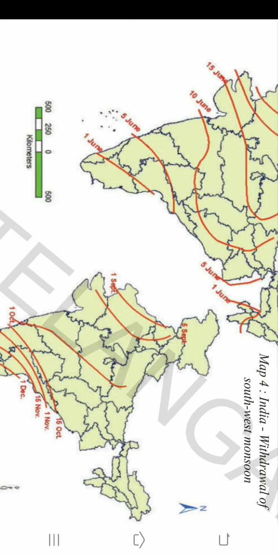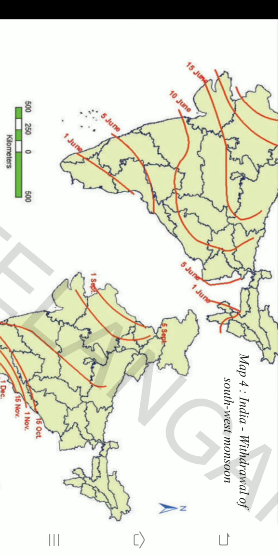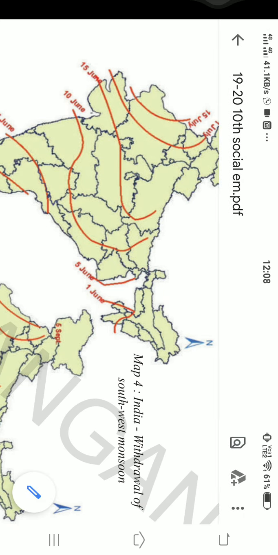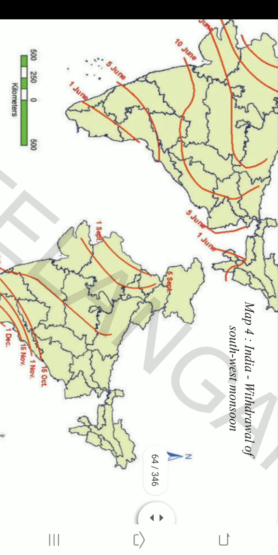That is onset. Onset means beginning. Beginning by June and covering within 4 to 5 weeks, it covers entire India. Understand? And it also withdraws, right? Now you see map 4, the withdrawal of southwest monsoons.